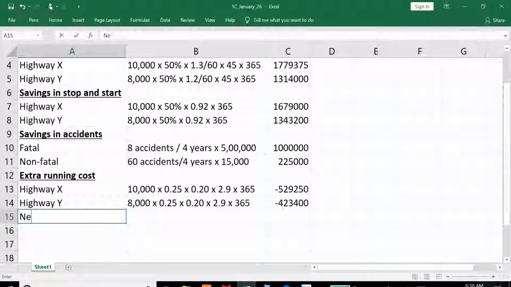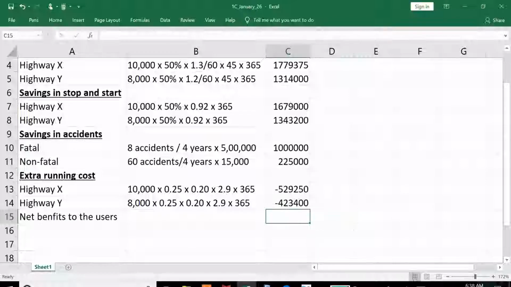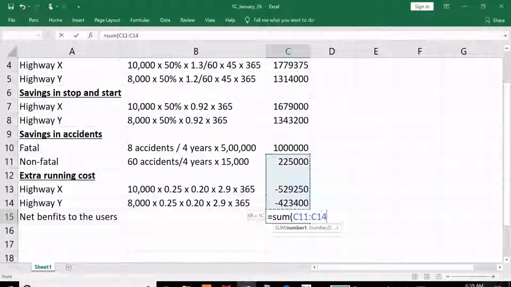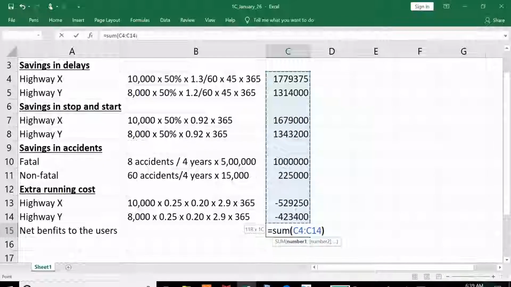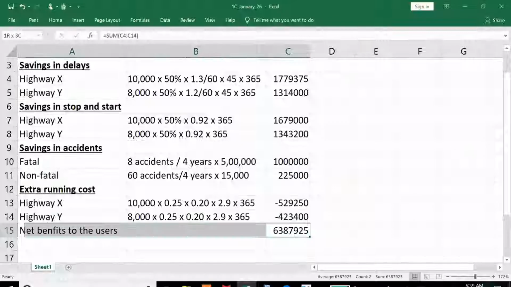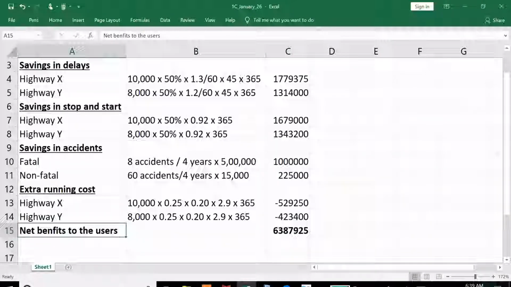This will be the net benefits to the users. From a user point of view, this is an annual benefit, net benefits to the users. 63,87,925 is the per year saving.